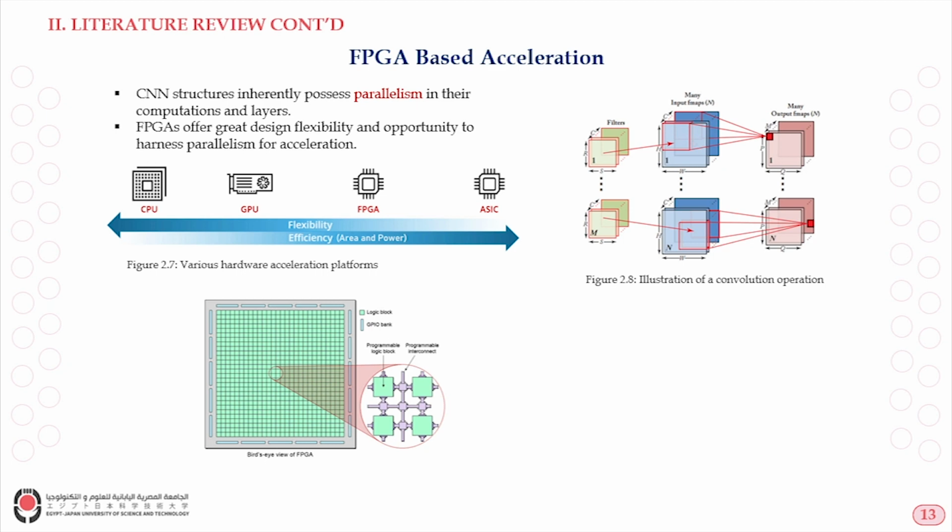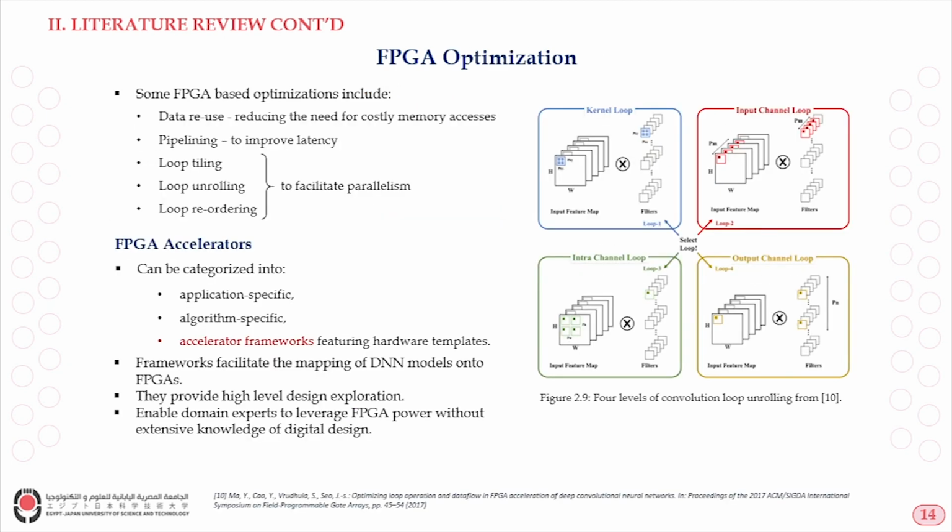So FPGAs provide us with the flexibility, as we said earlier. So we are able to employ certain optimization techniques. These include being able to reuse data. Remember, in the beginning we said one of the challenges in computation is that access of external memory is highly energy costly.